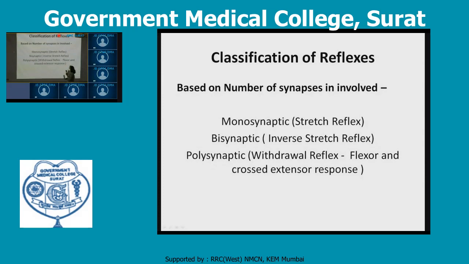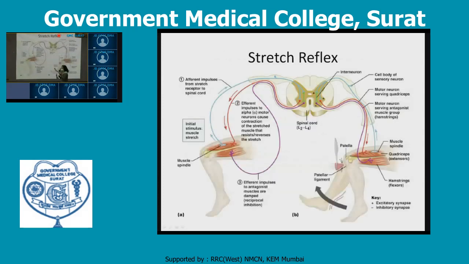Now, the stretch reflex, how is it conducted? From here you can see, whenever the muscle is stretched, this muscle spindle is stretched, and the afferent component will directly synapse with the efferent component.